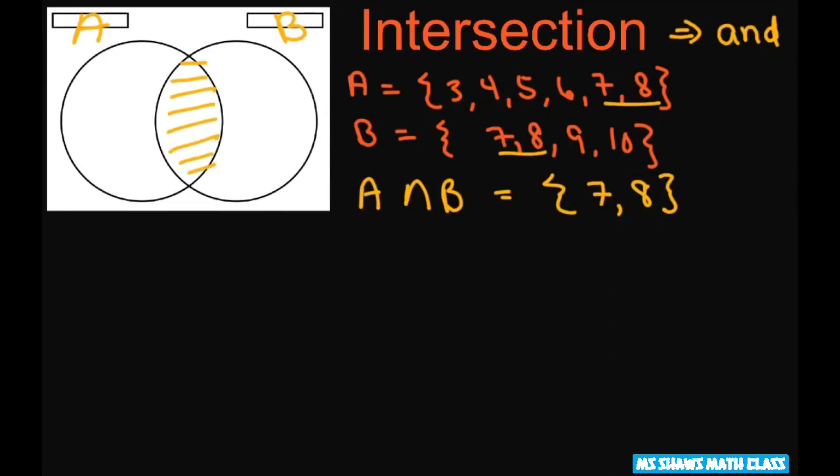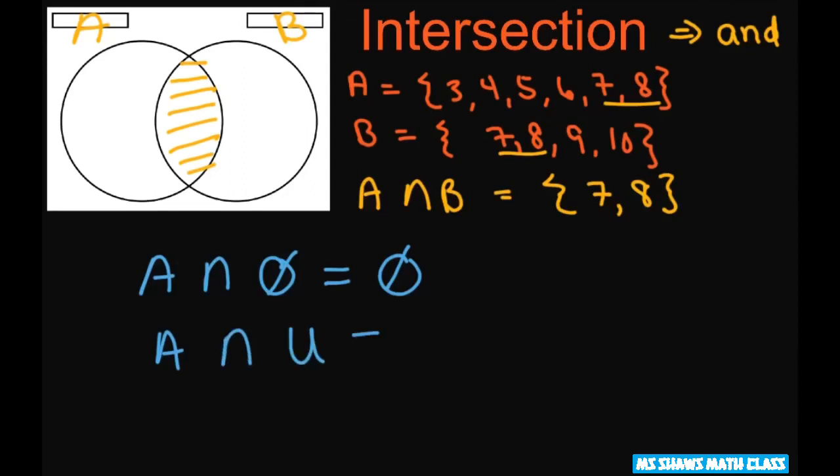And for our note, A and the empty set is going to give you the empty set, and A and the universal set gives you A. So we're looking at the smaller set on that as well.